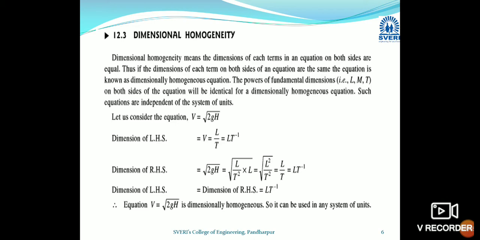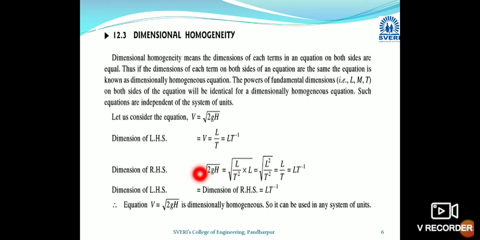All the equations that we use in science are dimensionally homogeneous equations. For example, V is equal to square root of 2gh. On the LHS, V is meter per second, so L raised to 1, T raised to minus 1.